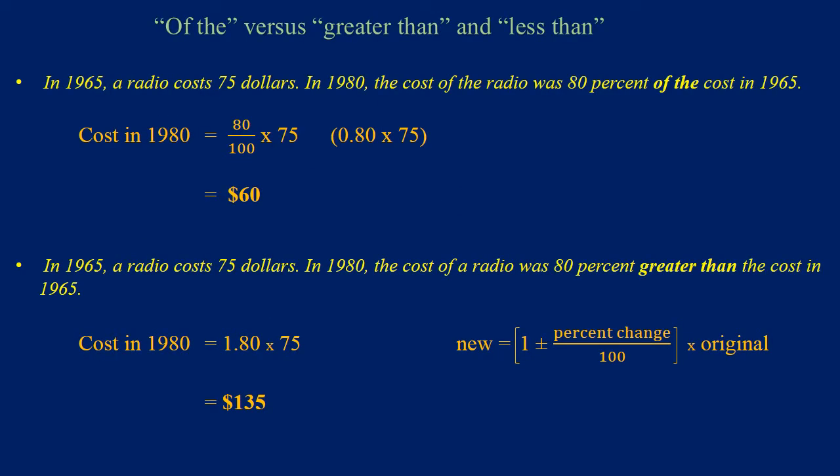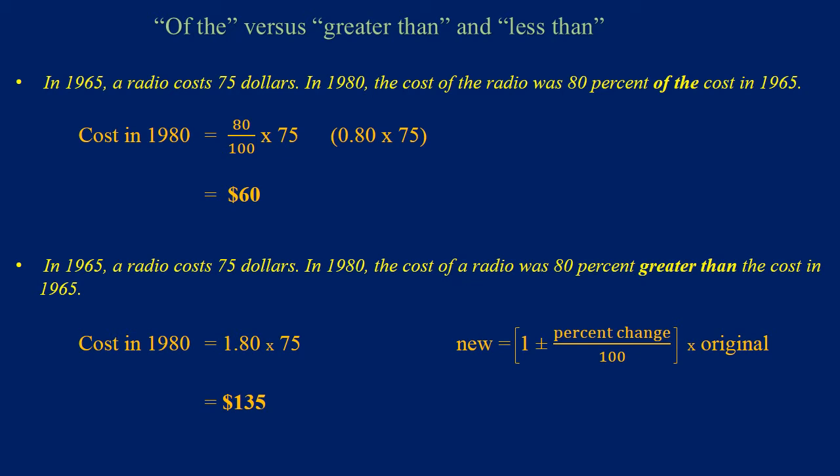Many times students are confused between statements which say "of" and "greater than" or "less than". Now let's see how we can remove this confusion. There's a question which says: in 1965 a radio cost $75. In 1980 the cost of the radio was 80% of the cost in 1965. Here we have to find the cost of the radio in 1980, which is 80% of the cost in 1965.